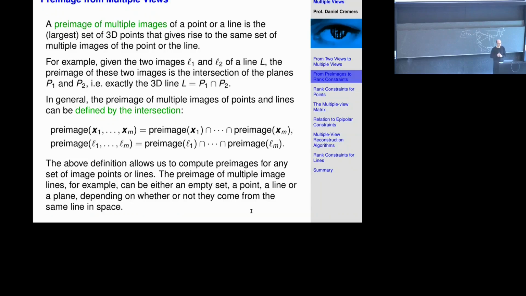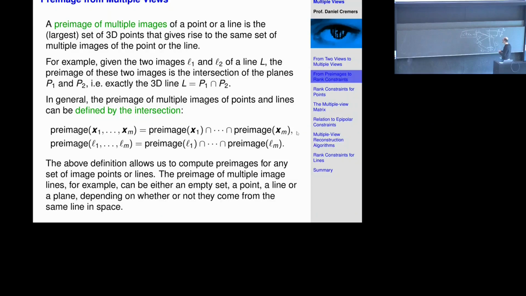Here's the idea. We tackle this with the concept of pre-image. We discussed the notion of pre-image. So you remember, when I have a point observed in an image, then the pre-image is the entire line here, all possible 3D locations, if you will, that give rise to the same projected point. That's the pre-image of that point. Now, if you observe that same point in multiple images, let's call it x1 through xm, a point observed in m images, then the pre-image for these multiple observations is nothing but the intersection of these pre-images.